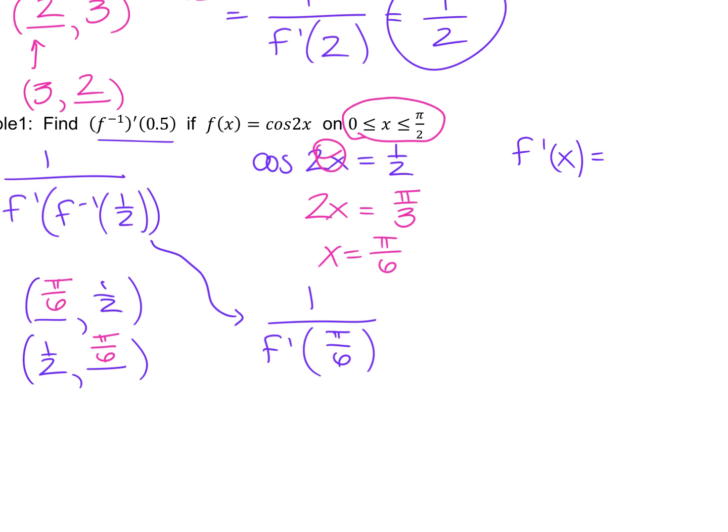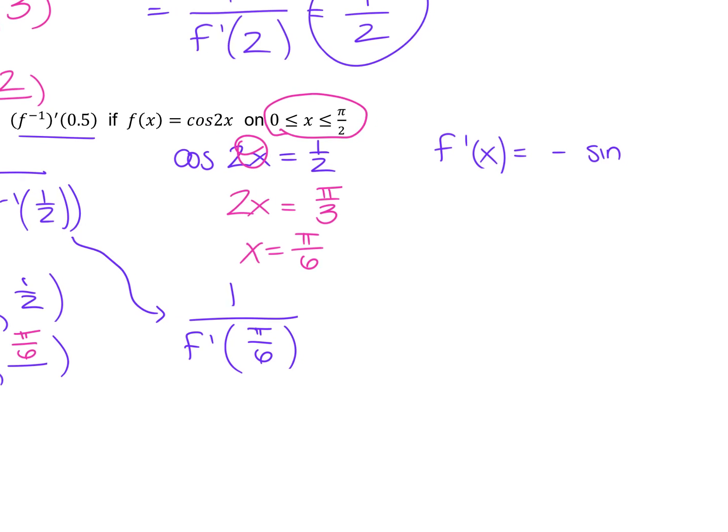The derivative of cosine is negative sine of 2x, but it's also multiplied by 2. The derivative of the inside. We're not going backwards. We're taking the derivative. Chain rule says derivative of the outside function multiplied by the derivative of the inside function. 2.